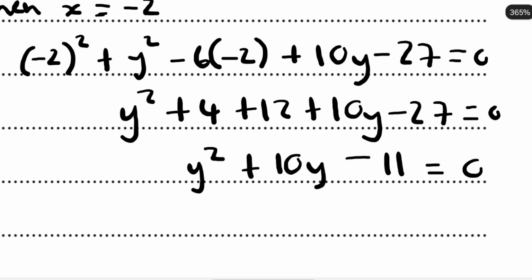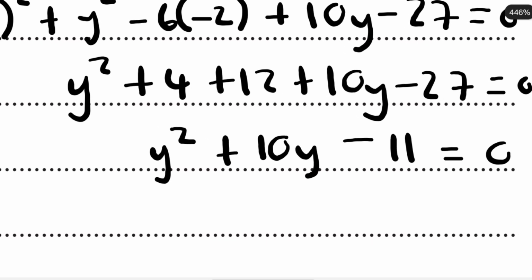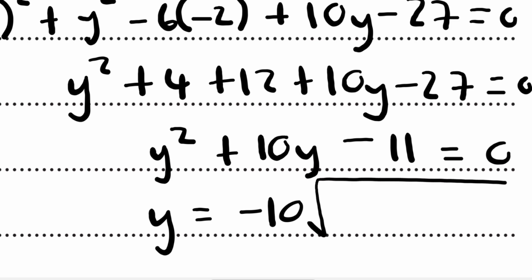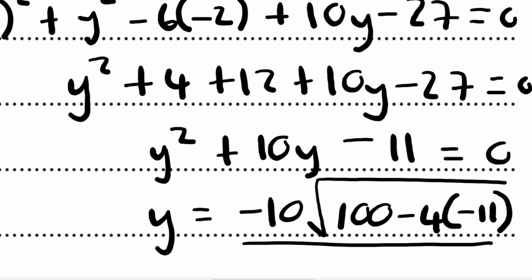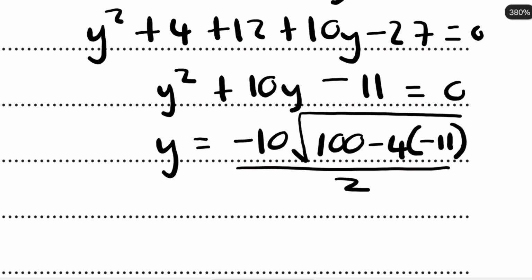And to get the two values of y, we're going to use the quadratic formula. So y will be equal to minus 10 plus or minus the root of 10 squared, that will be 100, minus 4ac, which is 4 times 1 times minus 11, over 2a, 2 times 1. Then this will give us y equals 1 or y equals minus 11.